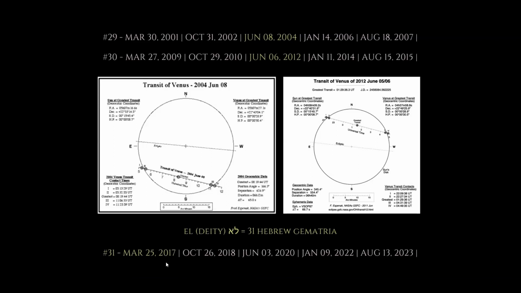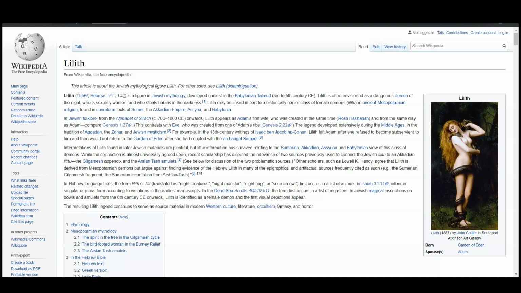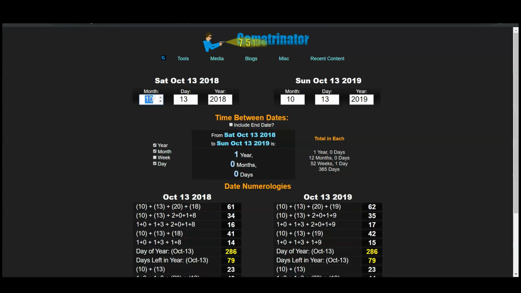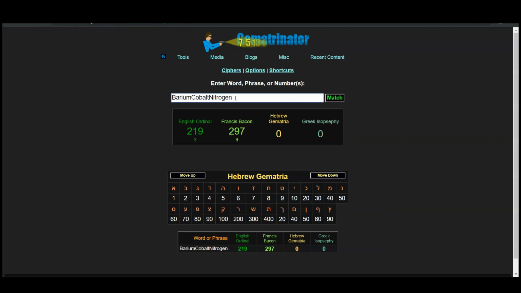And this starting point, or this date of the beginning of the 31st pentagram, it's a very important date. I'll show you some encoding with that date. So the 31st pentagram began on 3/25/2017. I'm going to go back here and put in Venus.